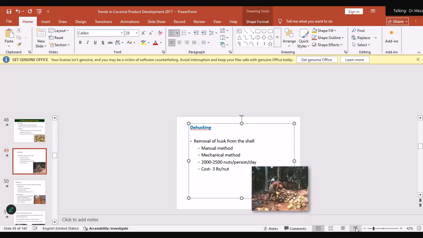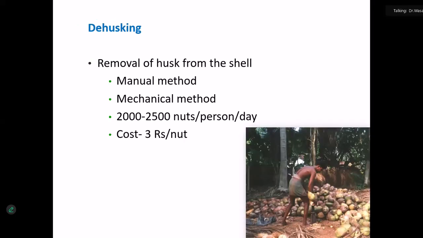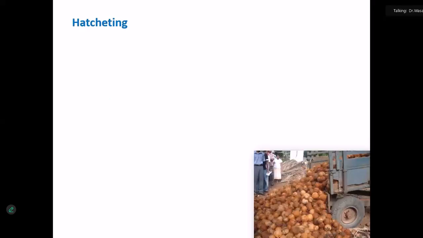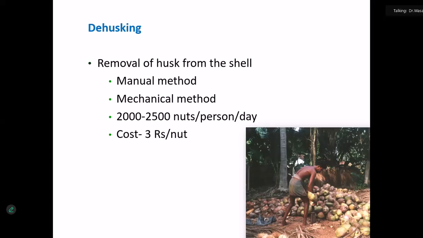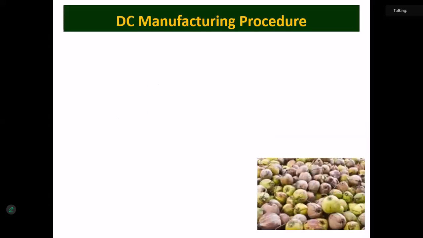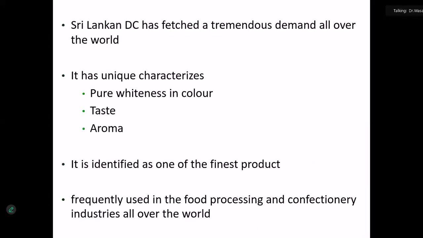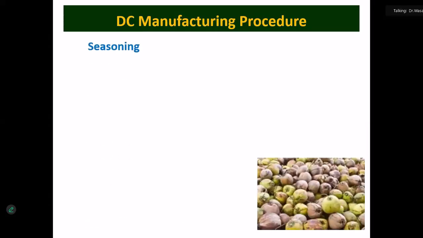Now we have discussed dehusking. The next step is hatcheting. Normally, please see here in Sri Lankan conditions, the first 2 steps, number 1, seasoning, is done by the grower.